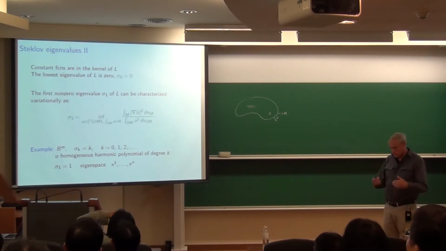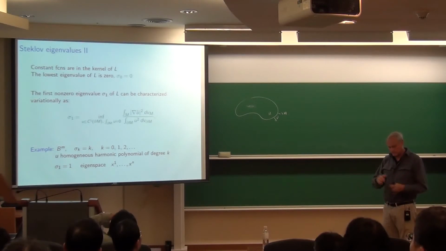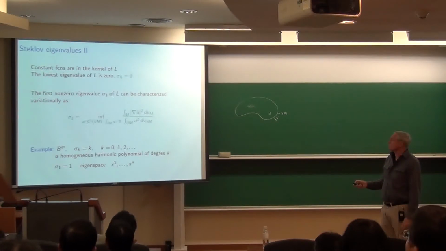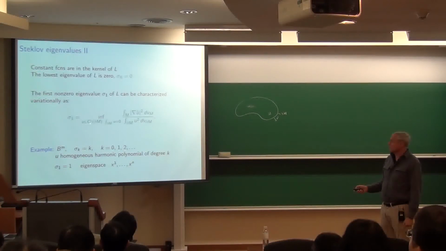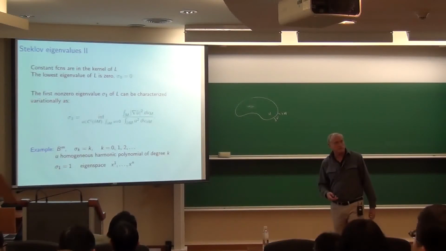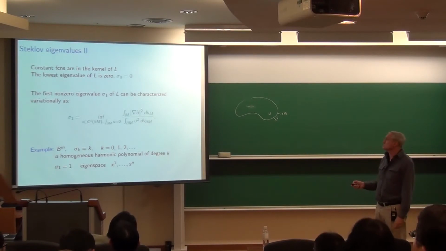Okay, and the first non-zero one, in fact all of the Steklov eigenvalues, can be characterized variationally. I'm going to use the variational characterization at various points, so I'm going to write it down here. We can evaluate sigma 1 as the infimum over functions which are smooth enough on the boundary and average to 0, so they're orthogonal to the constants, the zero eigenfunctions.